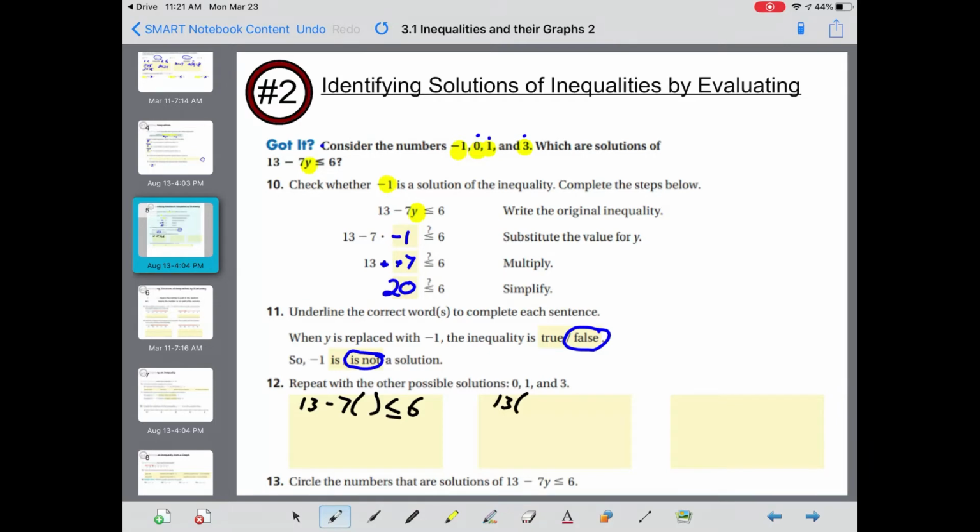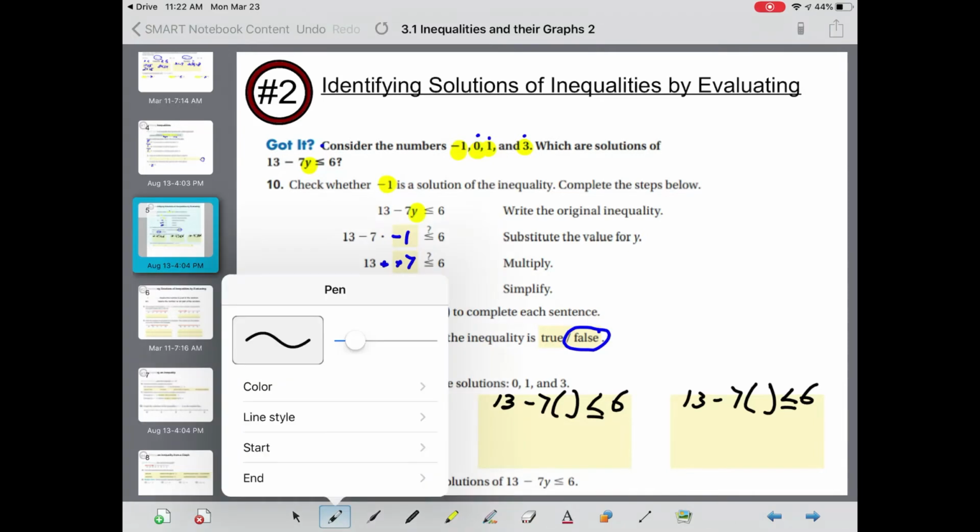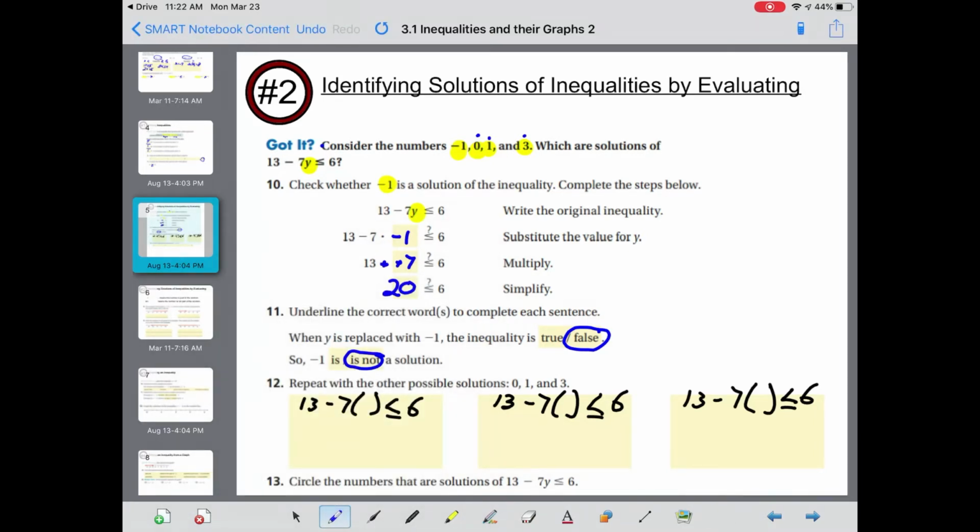And I'm going to put that in each of the boxes. Now all we have to do is plug in the variables that they gave us, which are 0, 1, and 3.